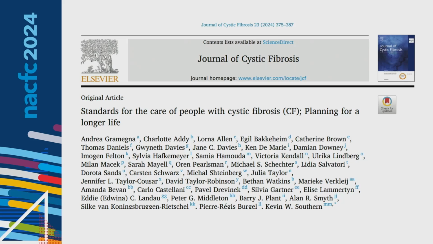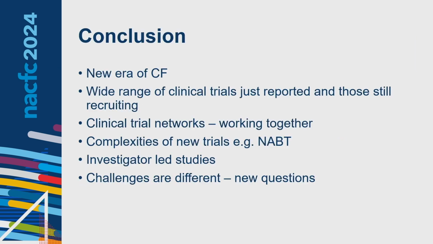And finally, the European series on standards of care for people with CF has just been published, and this is the last paper in the series of 4, and this was planning for a longer life. It's really pertinent that something like this is published now. It's really worth going through this because all the challenges that we are seeing now and in the future will hopefully be ripe for us to understand with some research.